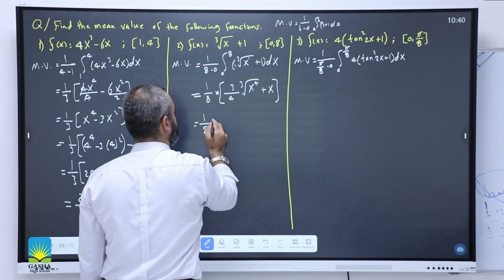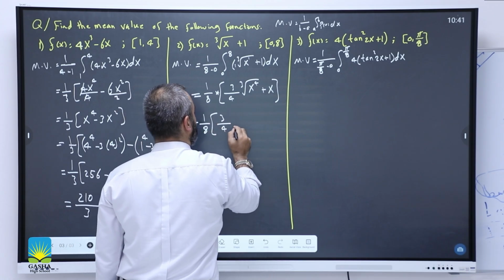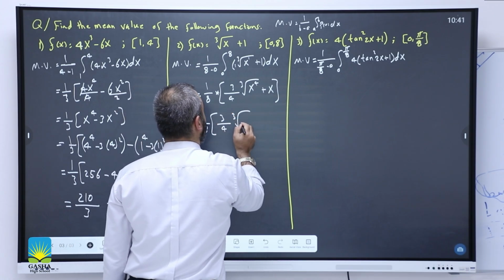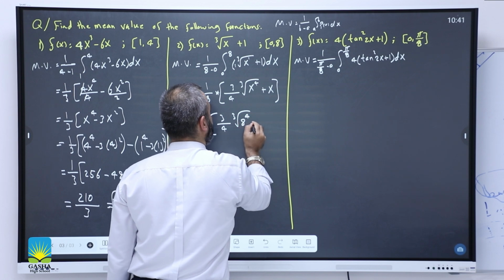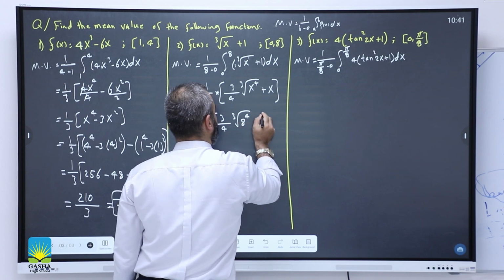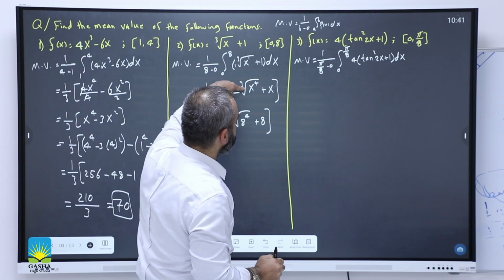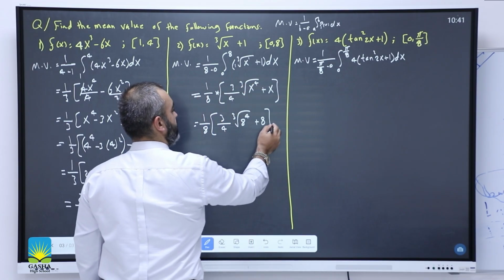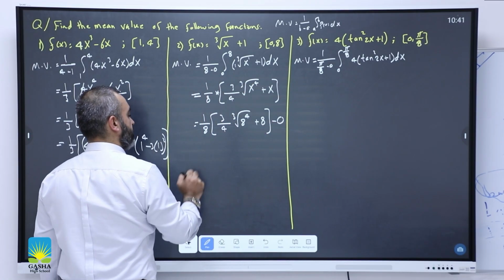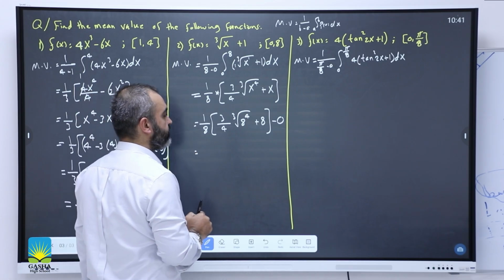1 over 8, 3 over 4, cubic root of 8 to power 4 plus 8. And we don't use 0 because if we substitute 0 here, all of them is 0. It's minus 0. What about the result for this?